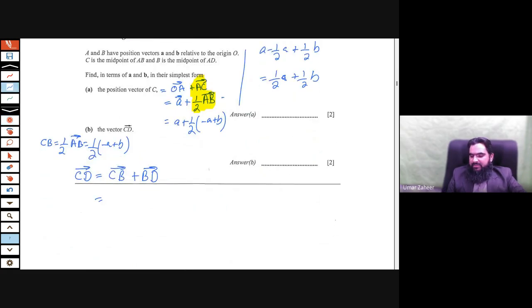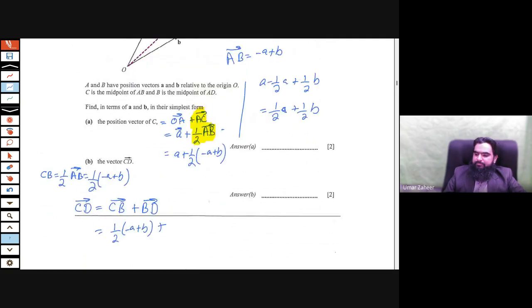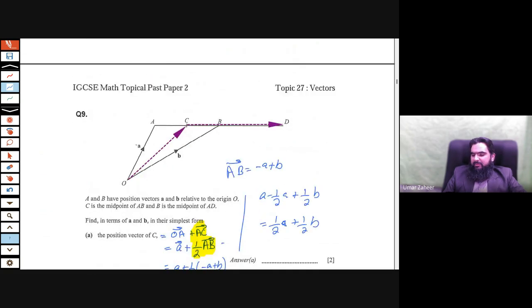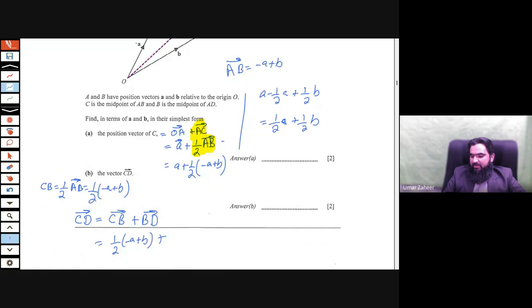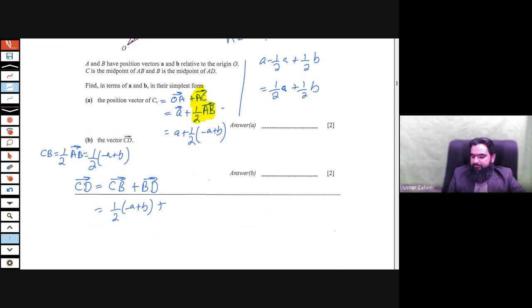Now the value of CB, we already found. It is half of minus a plus b, plus BD. BD is exactly the same as AB, and the value of AB, we already found. It's minus a plus b. So that is equal to half of minus a plus b, plus minus a plus b.